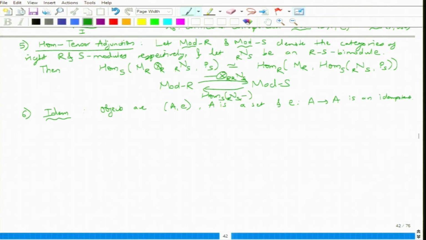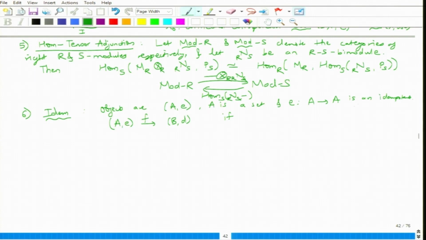Okay. Then what are morphisms? A morphism f from (A, E) to (B, D): what should it commute with? The idempotents. Idempotent, you understand?